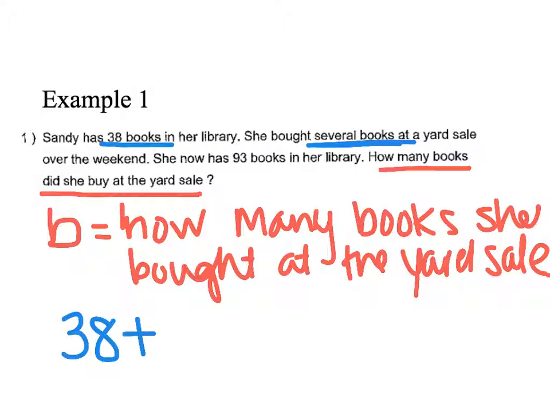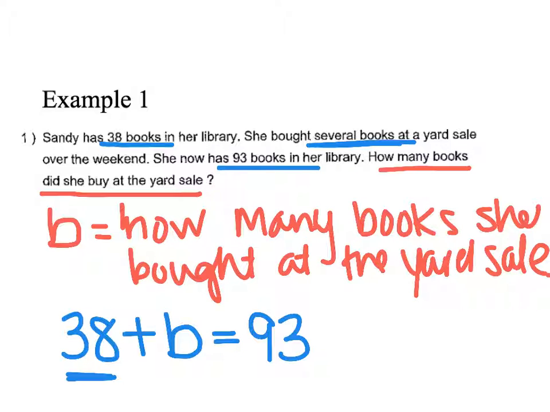So that means she added to her total. And she now has 93 books in her library. Equals the total. So if I add how many books she had plus how many she bought equals the total. And then if you solve this one-step equation, you'll know the B, how many books that she ended up buying.